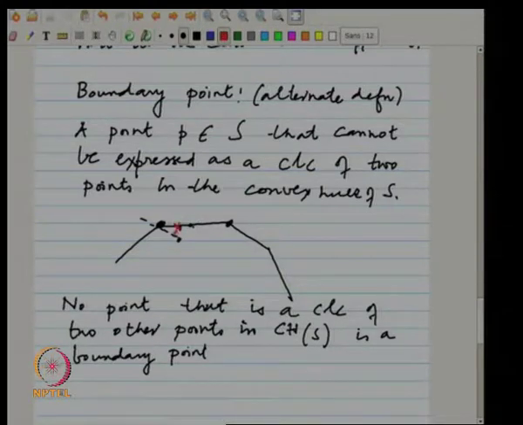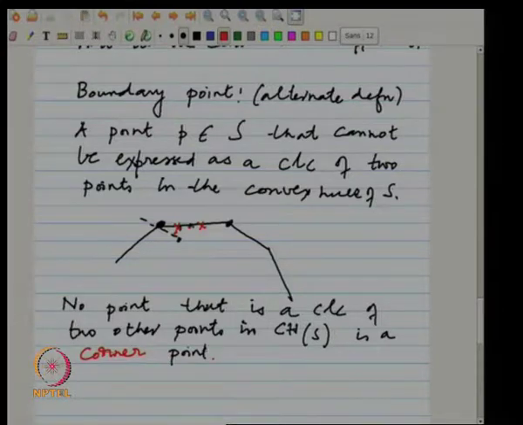So, that is I think what you are saying. So, any other point can be expressed except these corner points. That's what it. Yeah, sure. So no point that is a is a boundary point. So okay, corner point. You want me to be more specific? Okay, corner point. Okay, thank you.